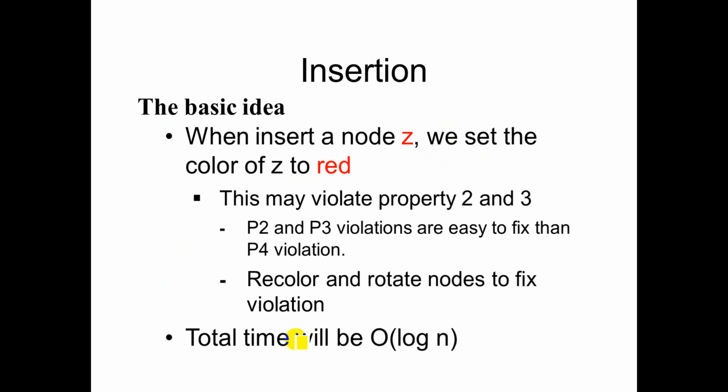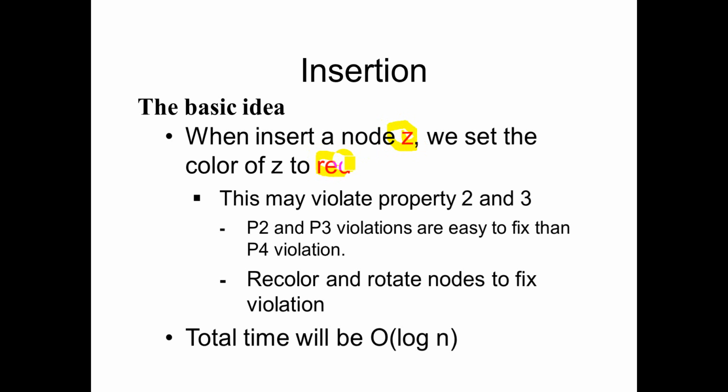You can look at here. When we insert a node Z, suppose the new node that we are inserting is Z. We set the color of Z to red. That means initially we mark it as a red color. We set the color of the new node to red.